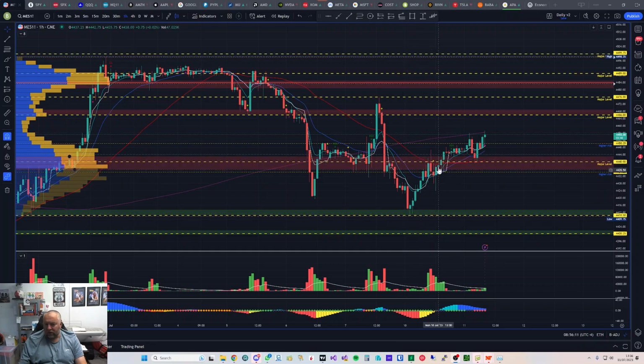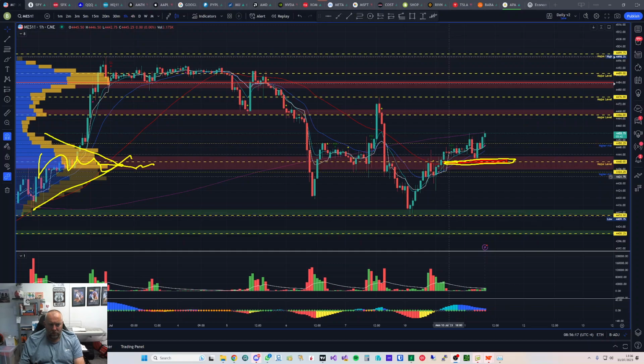And then we have 44.40, this area here. We've tested it once today, but looking at the volume profile, we've got high condensed volume all around this area, all congested.